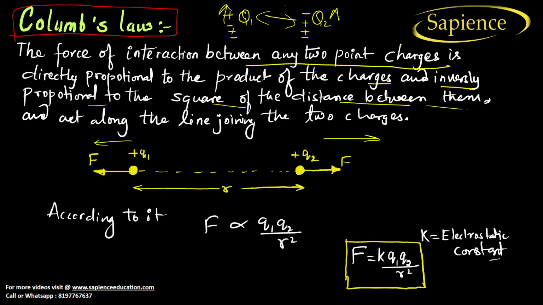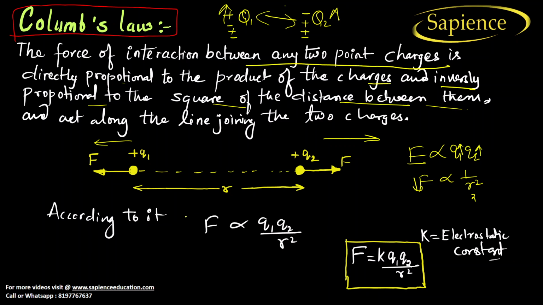But try to understand here, F is directly proportional to the product of the charges. If you increase either charge, the force will also increase. But at the same time, force is inversely proportional to the square of the distance. It means that if you double the distance, the force will decrease by 4 times. So this is what you have understood right now.